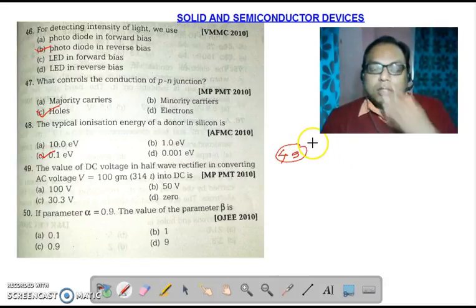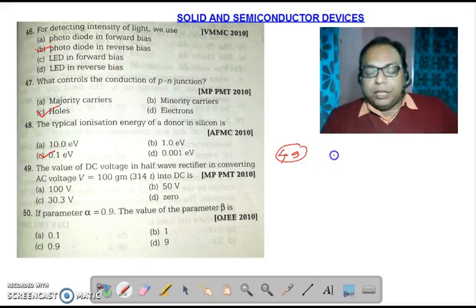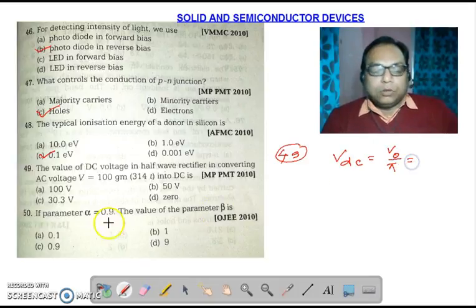The formula for this is VDC is equal to V naught by pi. This is the AC voltage, and 100 is the value of V naught.